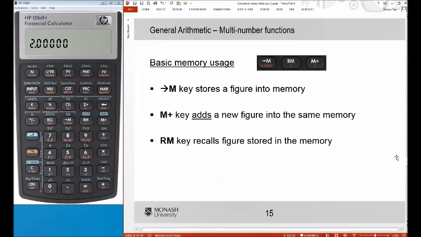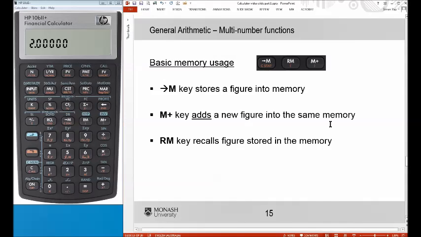Okay, let's move on to the next approach using basic memory keys. These are the keys that we are going to explore in this approach. They are located right here on your calculator. So you need to first understand the function of each key.